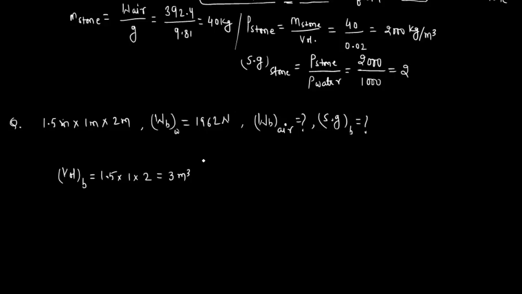Now as we know the volume and we know the body is heavier than the water, obviously the body will be completely submerged in the water. So as the body is completely submerged in the water, this body will displace the water exactly equal to the volume of this body.